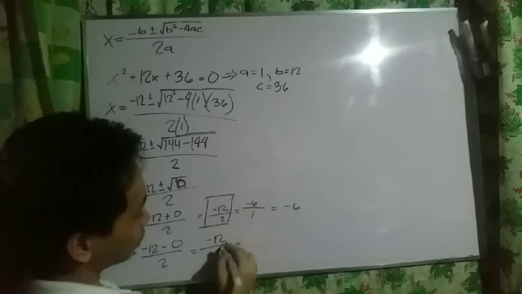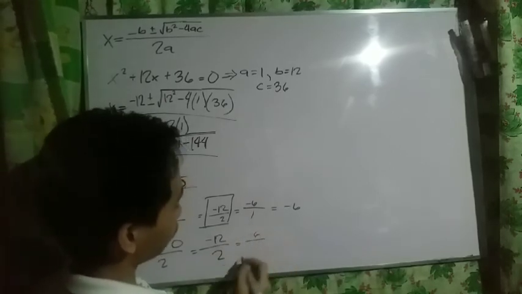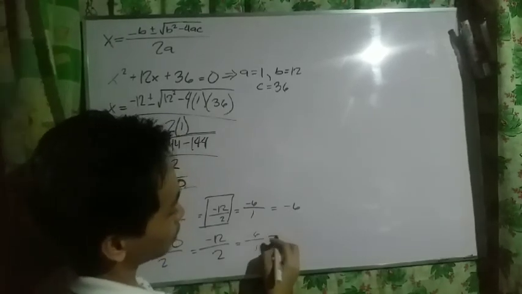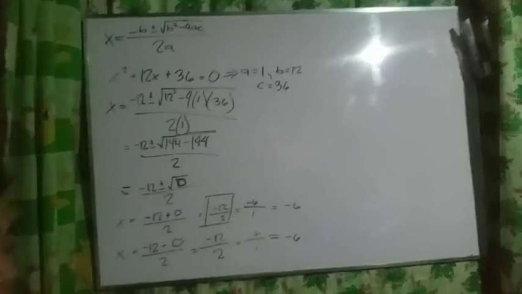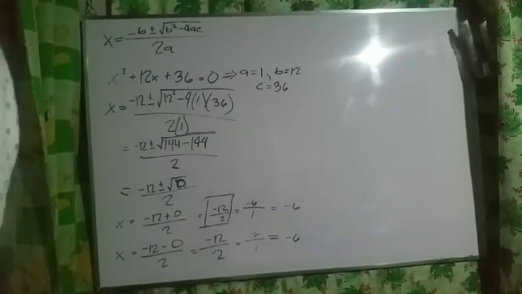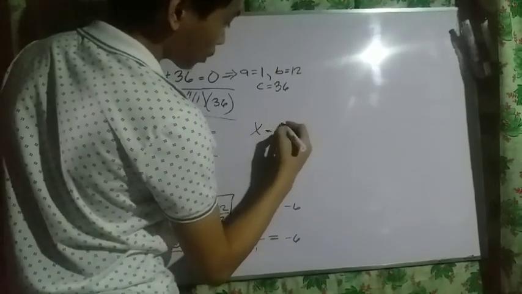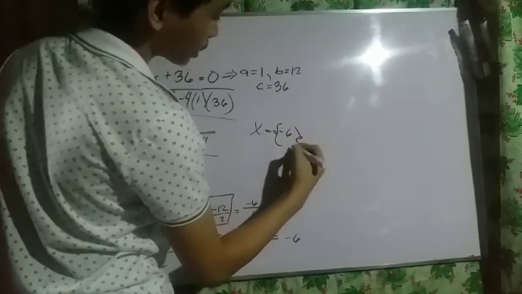Negative 12 divided by 2 is negative 6, over 2 divided by 2 is 1, or you can simply write negative 6. Therefore, the solution set is x equals negative 6.